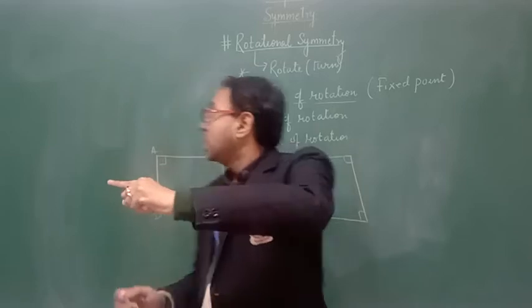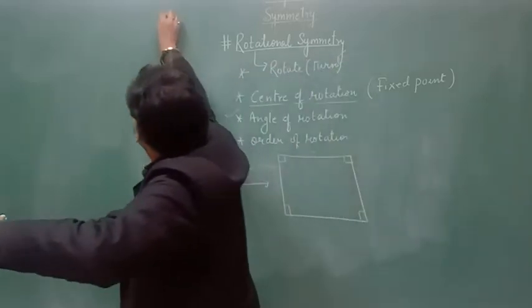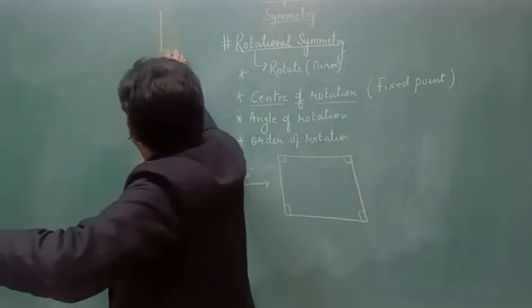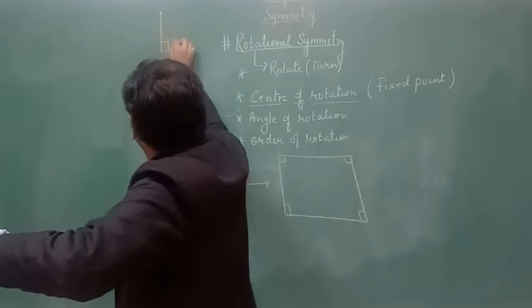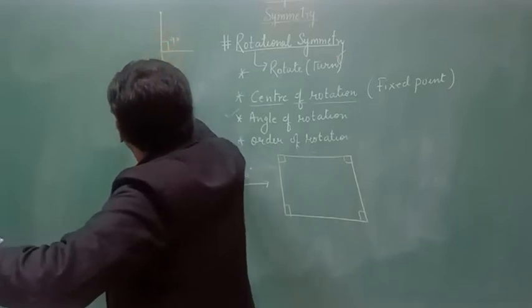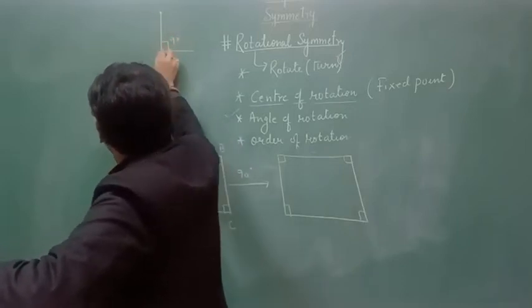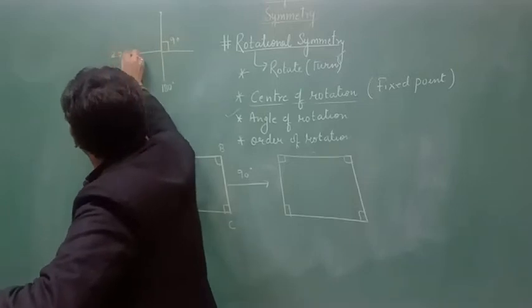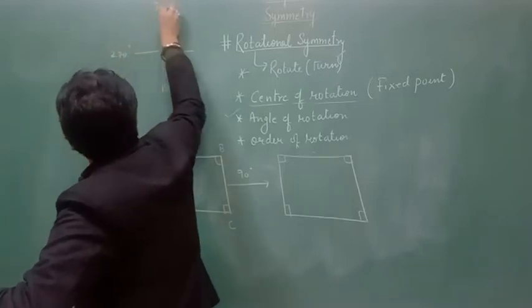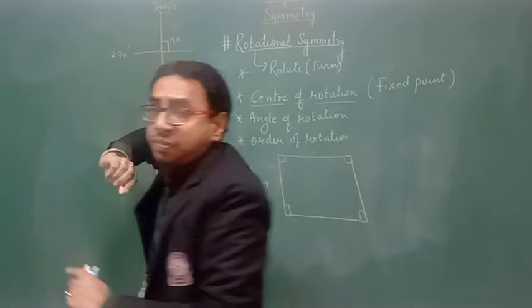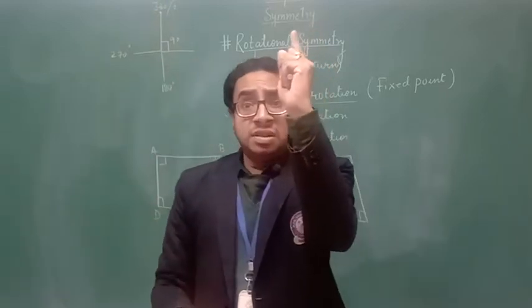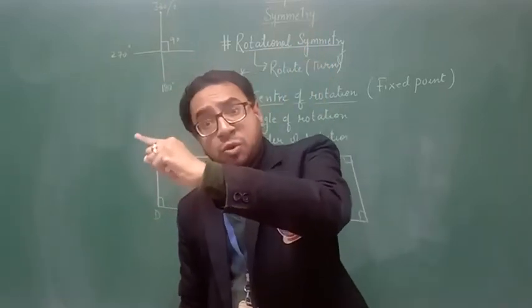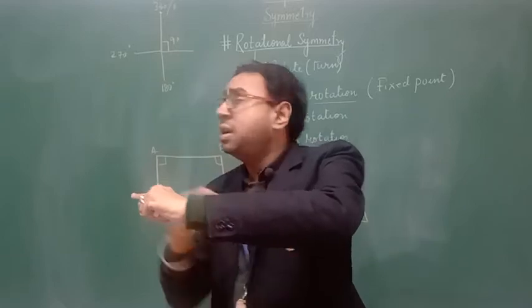This is 0 degree, this is 90 degree, this is 180 degree, this is 270 degree, and this is back to 360 degree or 0 degree. If I tilt the object like this, it means 90 degrees.